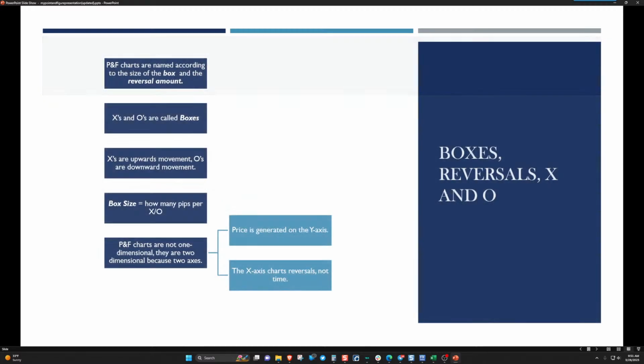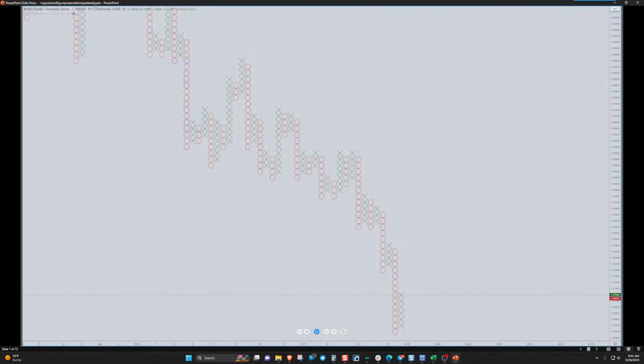All right, so X's and O's. If you're only familiar with Japanese candlesticks, this can look a little intimidating because it looks very different. But the easiest way to think about it is that the green columns of X's are like green candlesticks, and the red columns of O's are like red candlesticks.